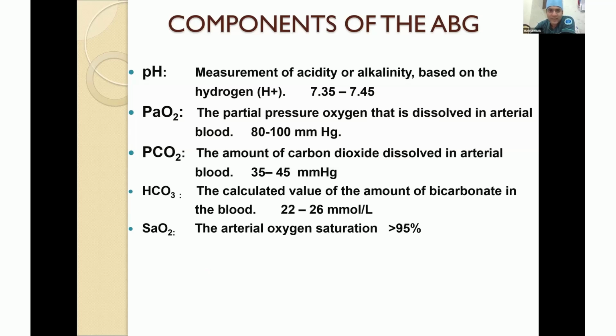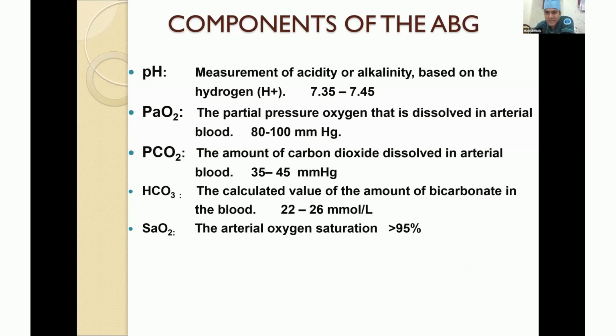The next important thing is to see the oxygenation. So we also see the value of PaO2. PaO2 is partial pressure of arterial oxygen, the partial pressure of oxygen that is dissolved in the blood. Normal value, again very important, is 80 to 100 mm mercury.